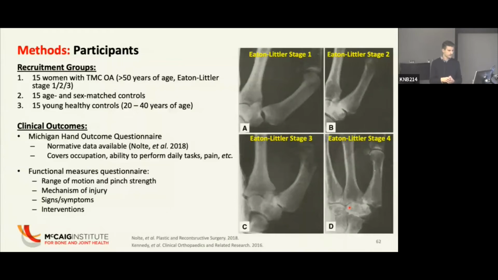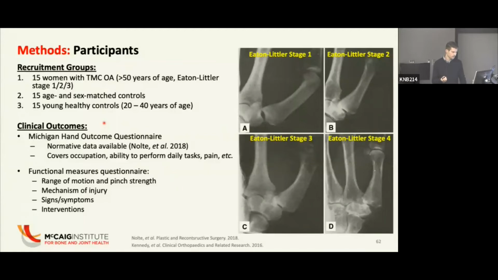However, that is very difficult to recruit, so we've broadened our recruitment there to include the 3 different OA stages. Second group is our age and sex matched healthy controls, and finally young healthy controls, just to look at characterizing what normal healthy movement in this joint would be using dynamic CT.